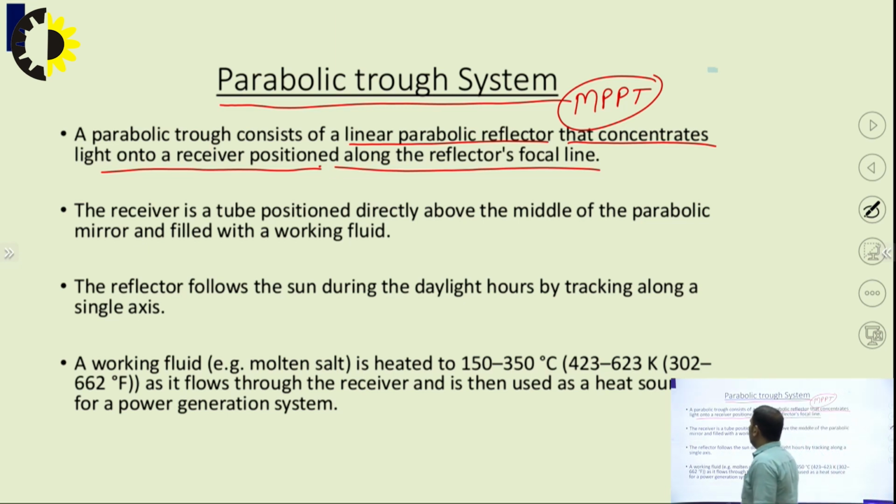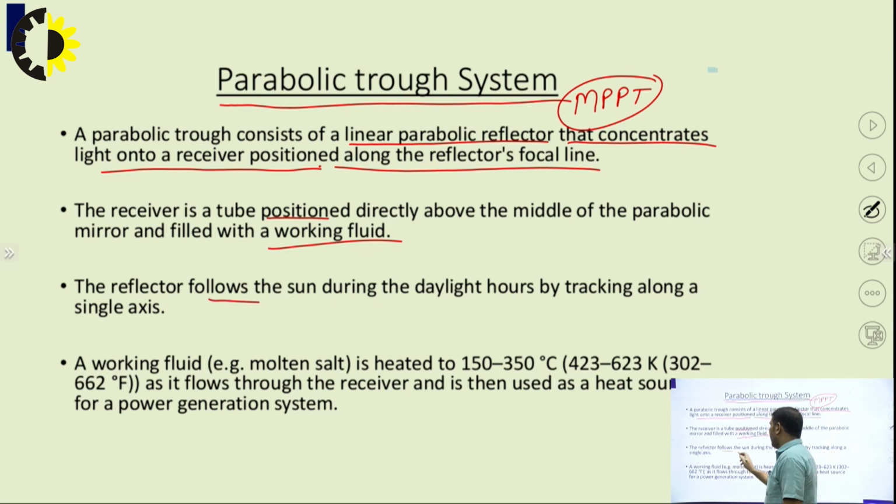Next, the receiver is a tube positioned directly above the middle of the parabolic mirror and filled with a working fluid, which gets heated and converted into steam.